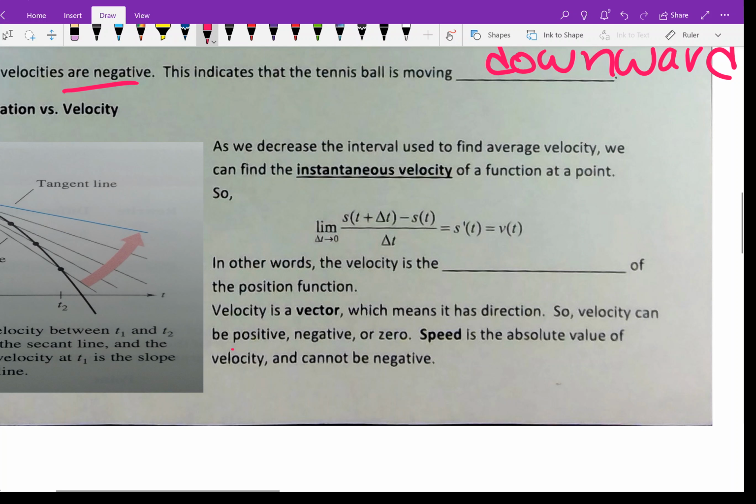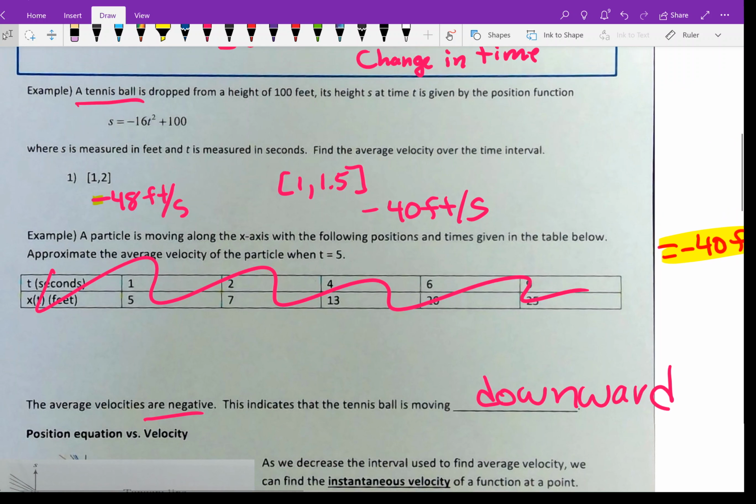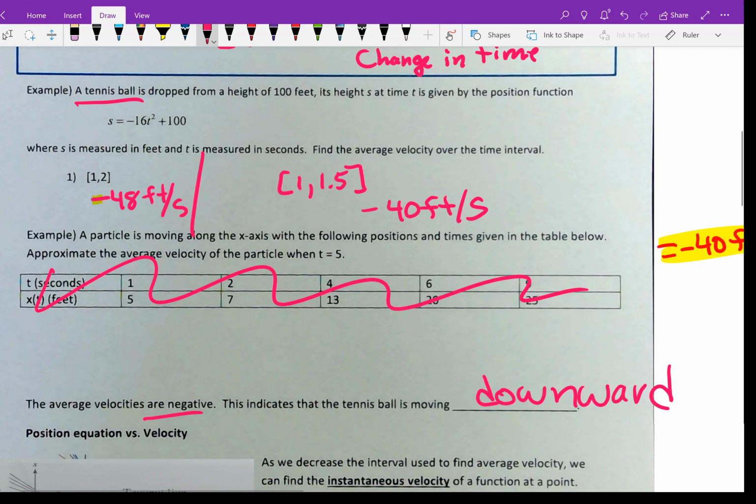Vectors can be positive, negative, or 0. And the speed is always the absolute value of velocity. It can't be negative. So the speed for the first interval is actually 48 feet per second, and for the second one it would be the absolute value, which is 40 feet per second.